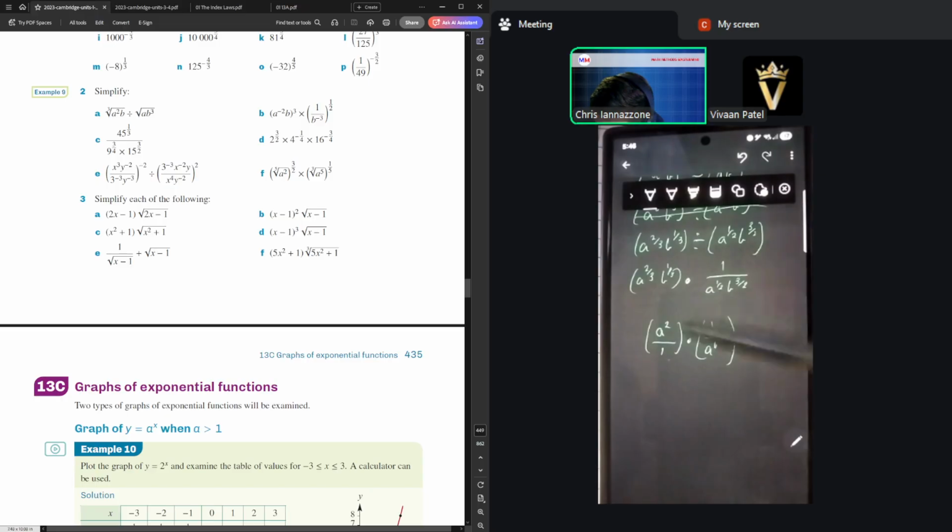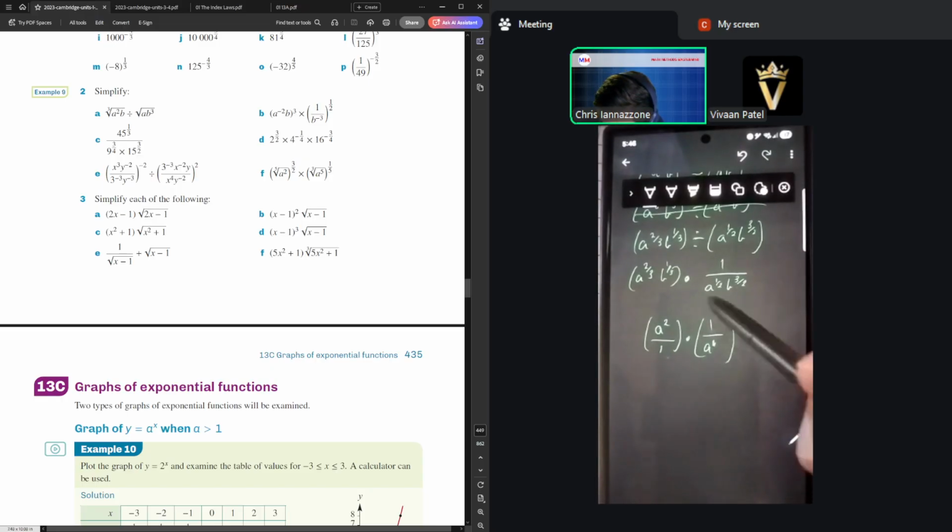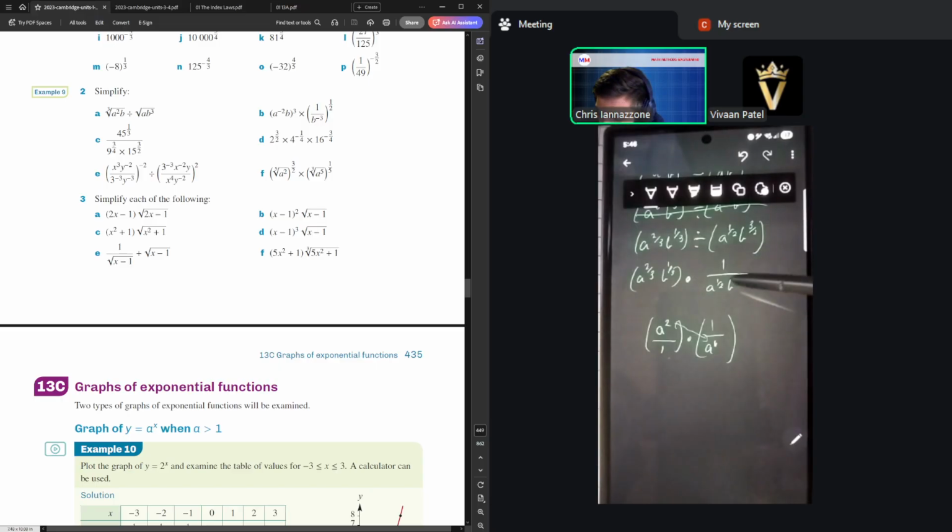Say you had a squared times 1 on a, so a squared over a, which is just a. More importantly, it's a subtraction between these: 2 minus 1 gets you back to 1. So in this case, it's 2/3 minus a half, and a third minus 3 on 2. The index law states that when you have division, you're subtracting the indexes.